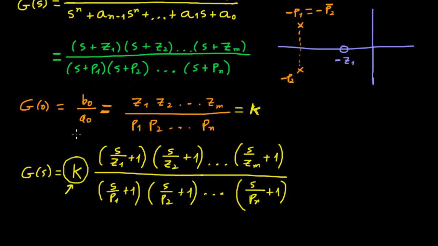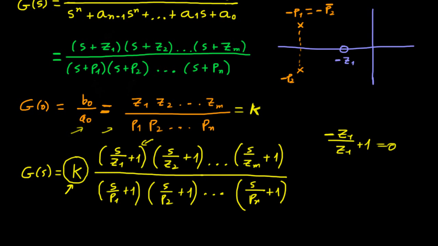We don't need to do any operations to calculate it, because each one of these terms has what we call unit gain. But the positions of the poles and the zeros remain the same. For example, in this one here, minus z1 over z1 plus 1 is just minus 1 plus 1, and that is 0.